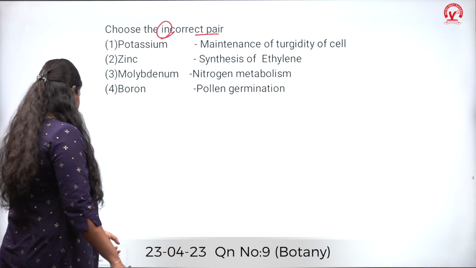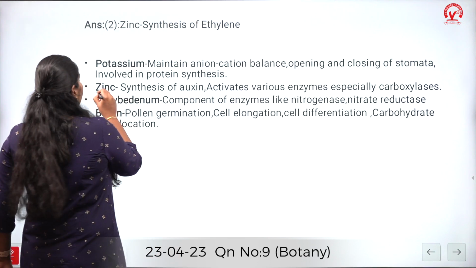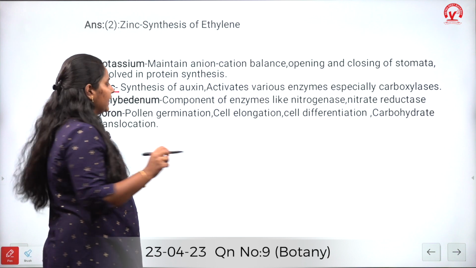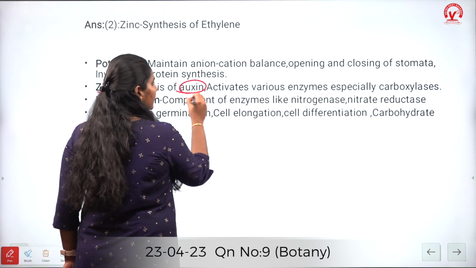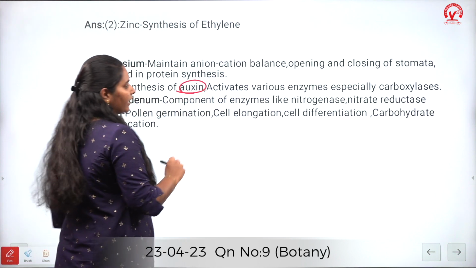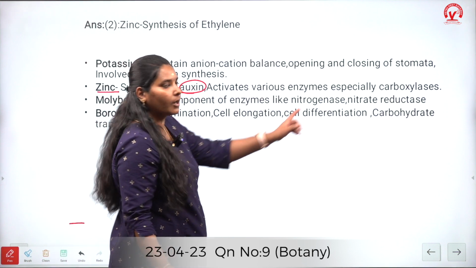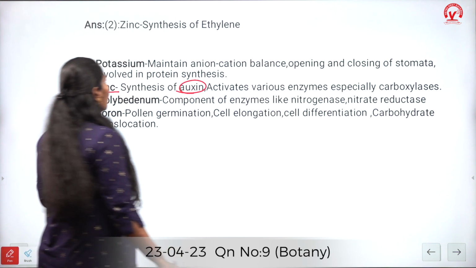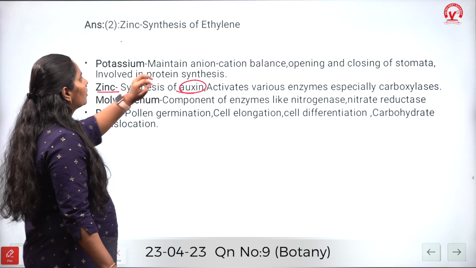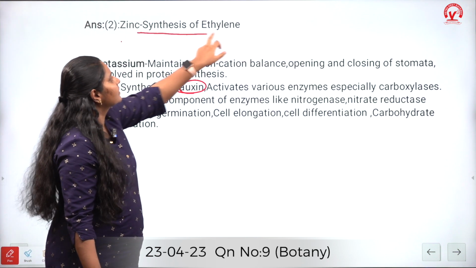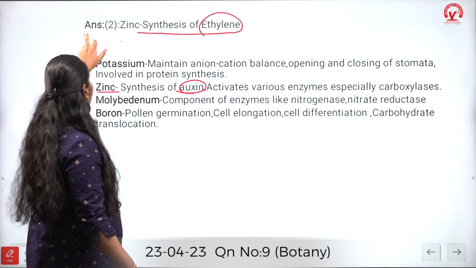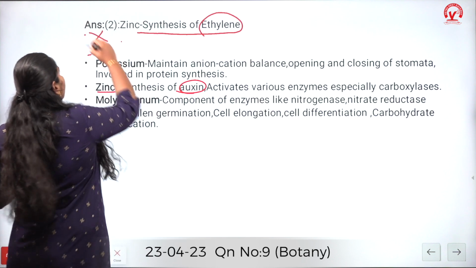In this, the wrong option is zinc. Zinc is normally used for the synthesis of auxin and also it helps to activate the enzyme carboxylase. So the wrong option is zinc, since they have given it is used for the synthesis of ethylene. So it is the correct answer.